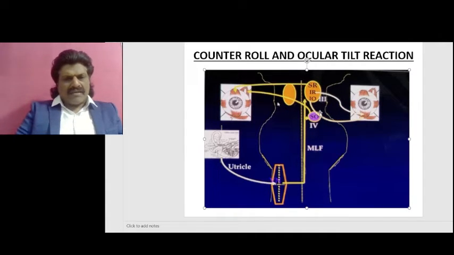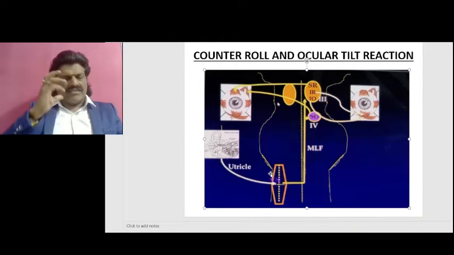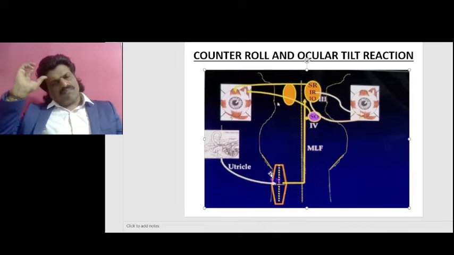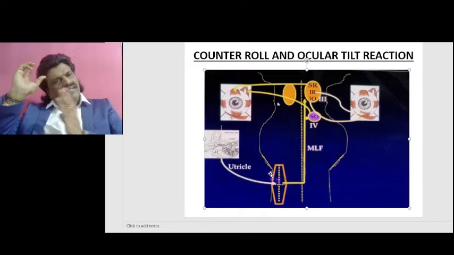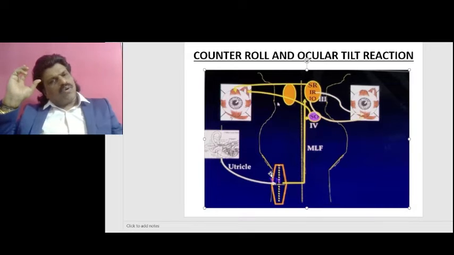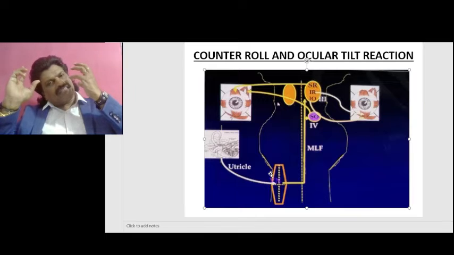It again supplies the third nerve nucleus, which supplies the superior rectus on the opposite side, and the inferior rectus and inferior oblique on the same side. So when the vestibular apparatus on one side, for example the right side, is stimulated, the right superior rectus and the right superior oblique on the same side are stimulated because of the double crossing over, and the inferior rectus and the inferior oblique on the opposite side are stimulated.